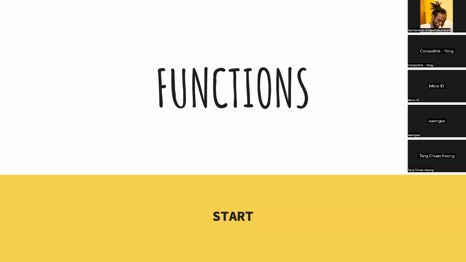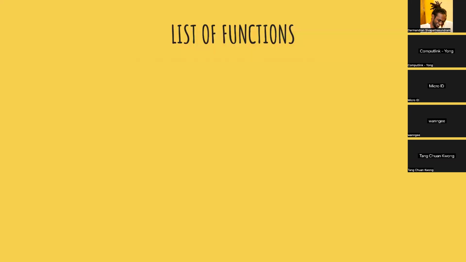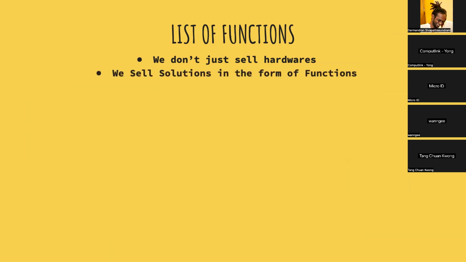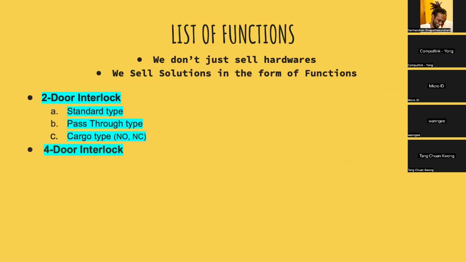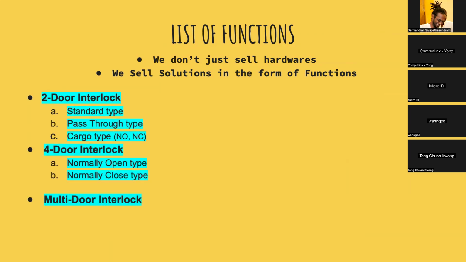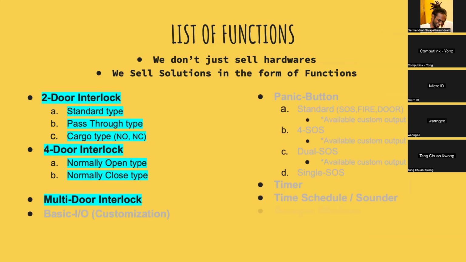So without wasting any time, let's look into the list of functions that we have. Remember, we don't just sell hardware. We sell solutions in the form of functions. The basic list includes 2-door interlocks, 4-door interlocks, multi-door interlocks, basic IO, panic button, timer, time schedule, sounder, and the board is able to accept wireless, peer-to-peer, and RF.